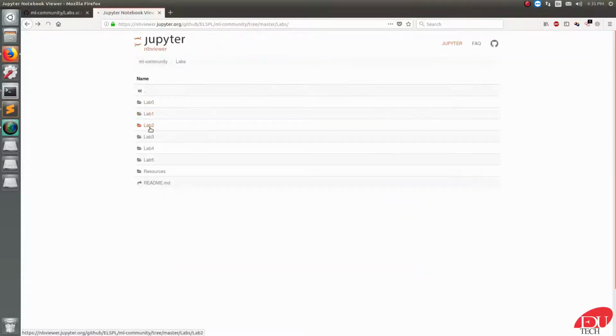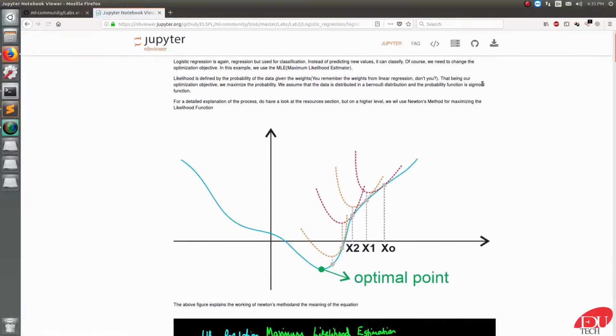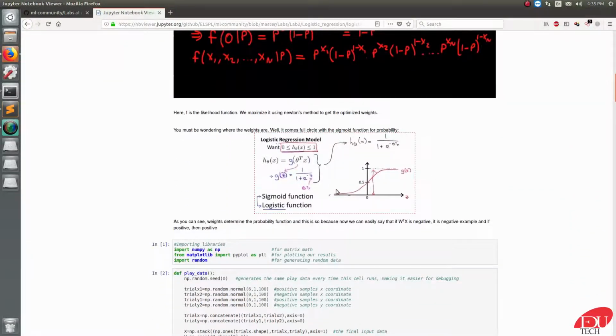So let's dive into lab 2. In lab 2, there are two notebooks. There's logistic regression and MAP, which stands for maximum a posteriori. So logistic regression consists of, again, the theory part, and then the code part.